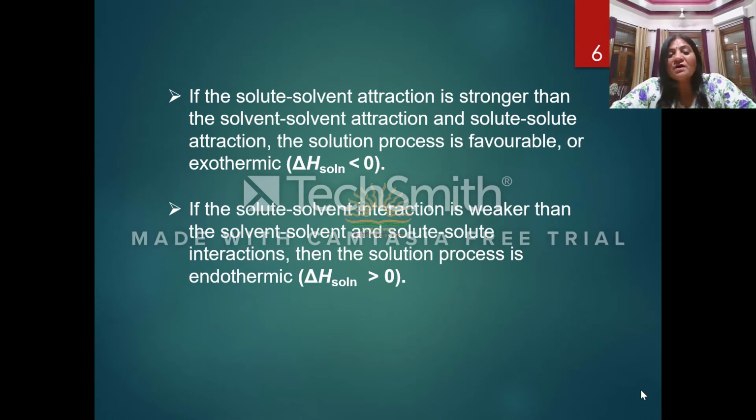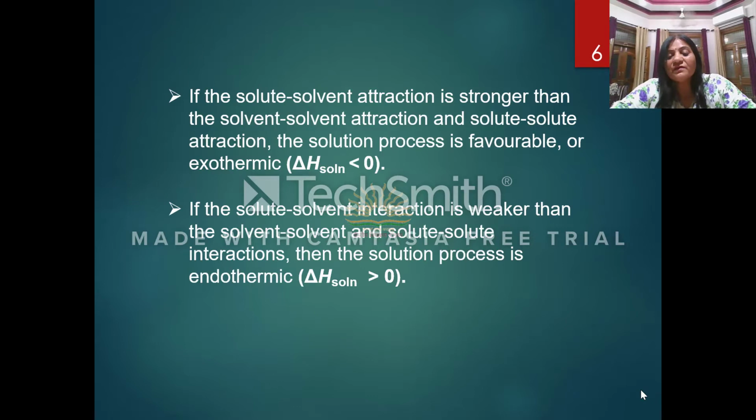If the solute-solvent interaction is stronger than the solvent-solvent attractions and solute-solute attractions, the solution process is favorable. This is the feasibility of the formation of the solution. This type of formation of the solution is exothermic, in which delta solution H is lower than 0, means negative.